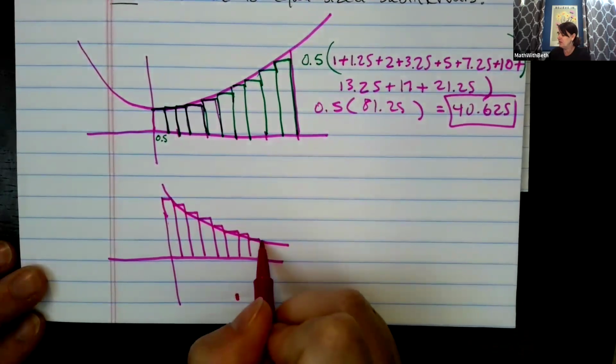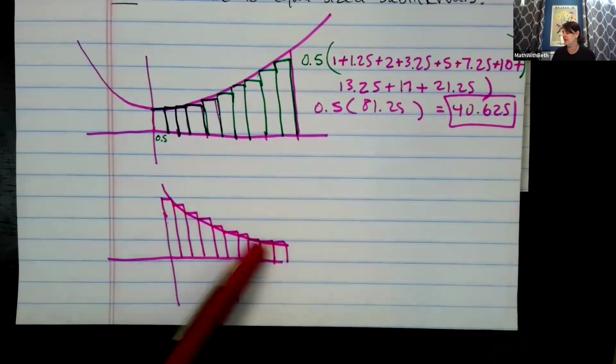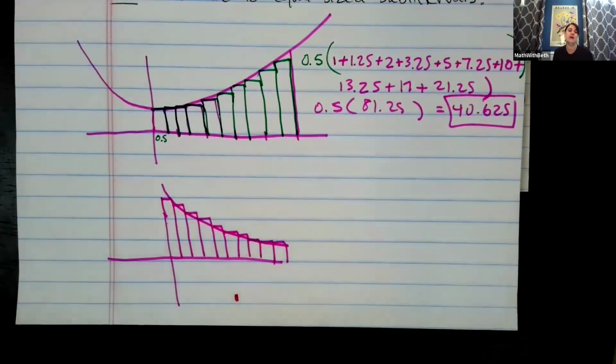So sometimes using rectangles will give you an answer that is a little under the exact answer, and sometimes using the rectangles will get you an answer that is a little above the exact answer. It depends on which way the curve is going.